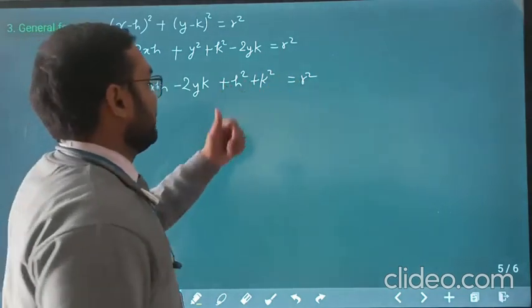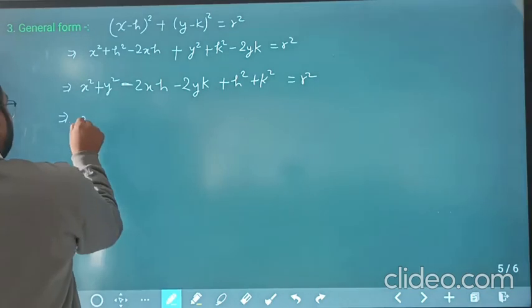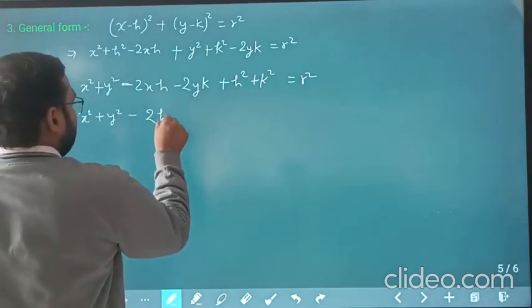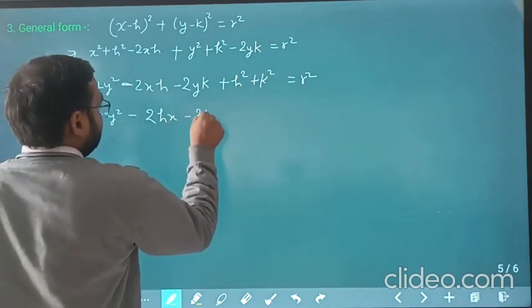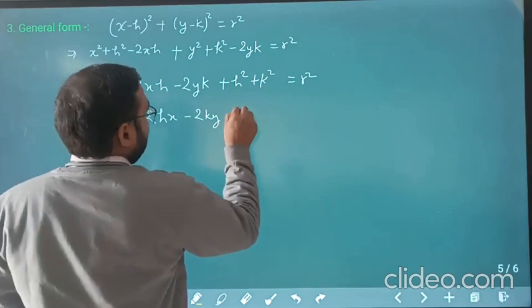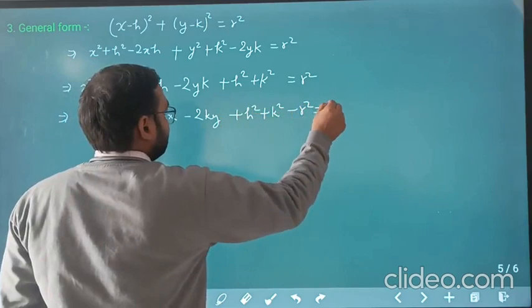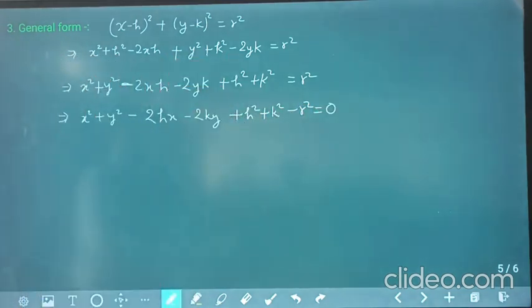Taking r square on this side, we get x square plus y square minus 2hx minus 2ky plus h square plus k square minus r square is equal to 0.